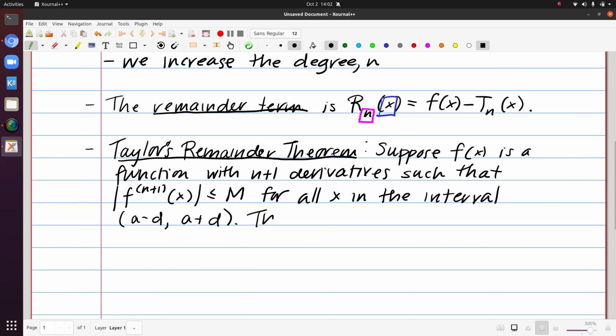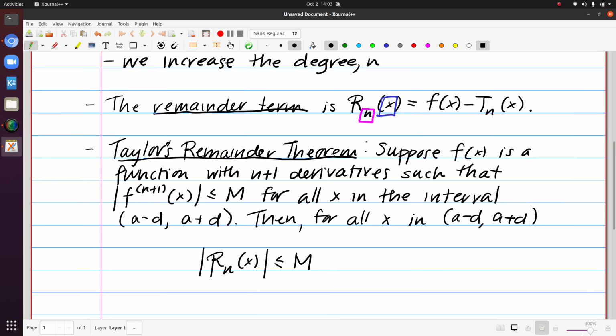Given this setup, for all x in that interval, the absolute value of the remainder term is bounded above by m times the absolute value of x minus a raised to the n plus first power, all divided by n plus 1 factorial.